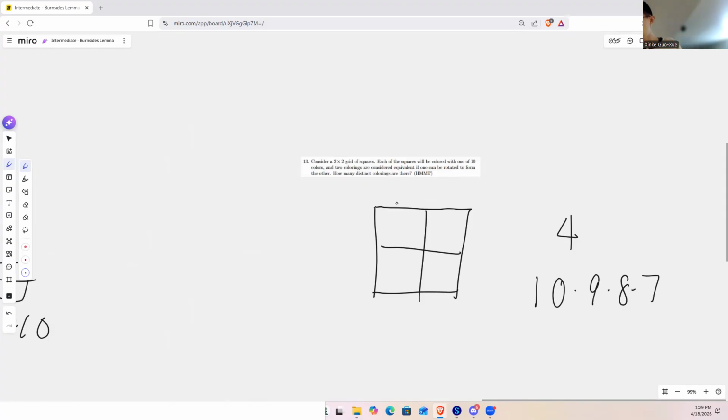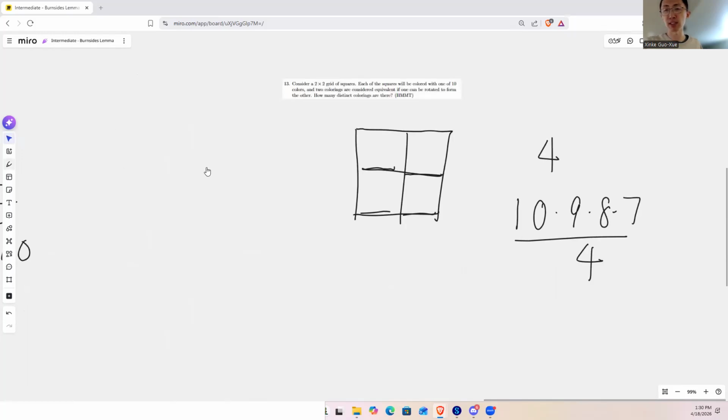There's 10 choices for the first square, 9 for the second, 8 here, 7 here. But rotations are equivalent. Yeah, okay. So this is going to take a bit more work. So let's just use Burnside's Lemma.